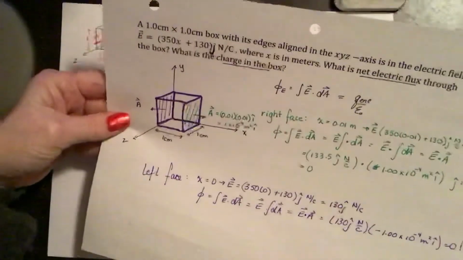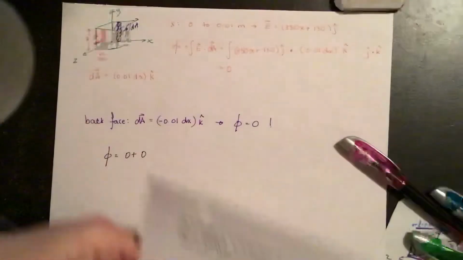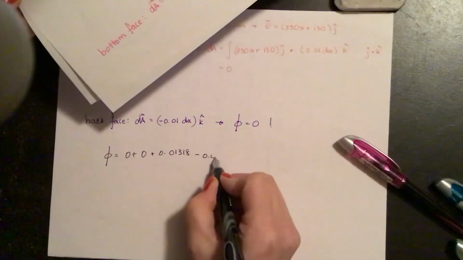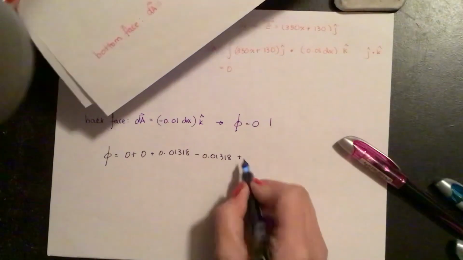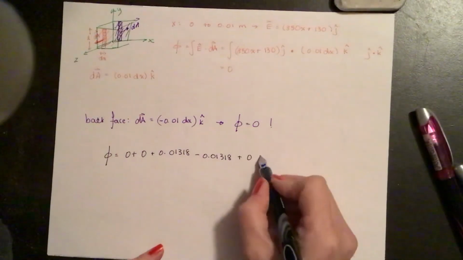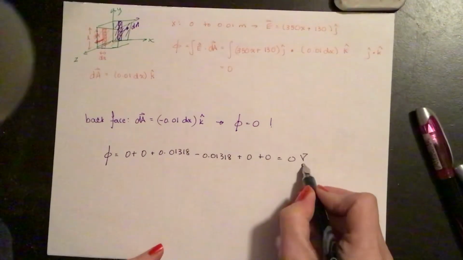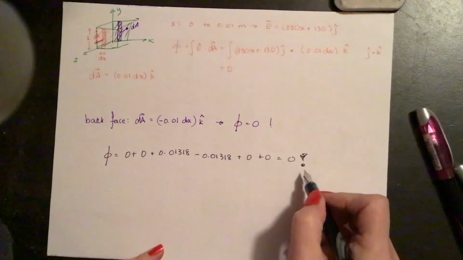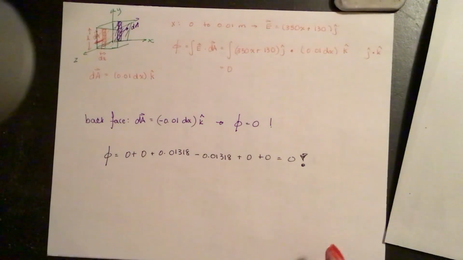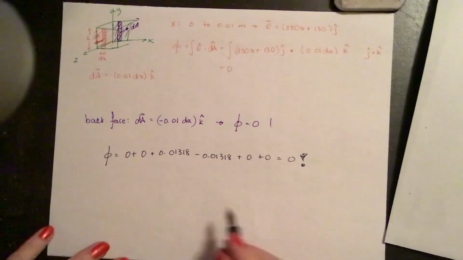There's the flux through the right face, which is 0, plus the flux through the left face, 0, the flux through the top face, the flux through the bottom face, the flux through the front face, and the flux through the back face, 0. So the net electric flux through that entire box is equal to 0. There's my net electric flux. That tells me that any electric field line that goes into the box also comes back out.